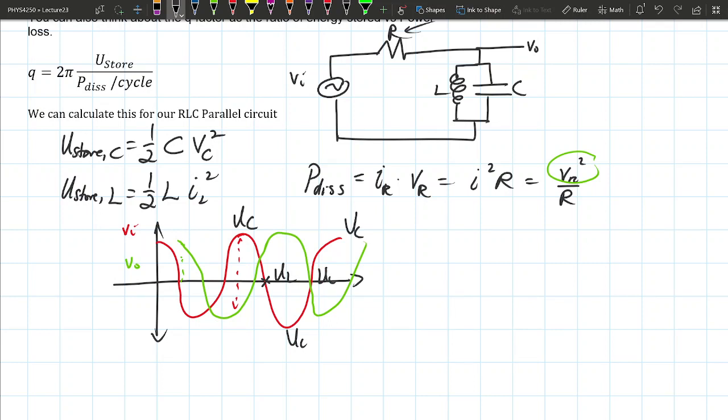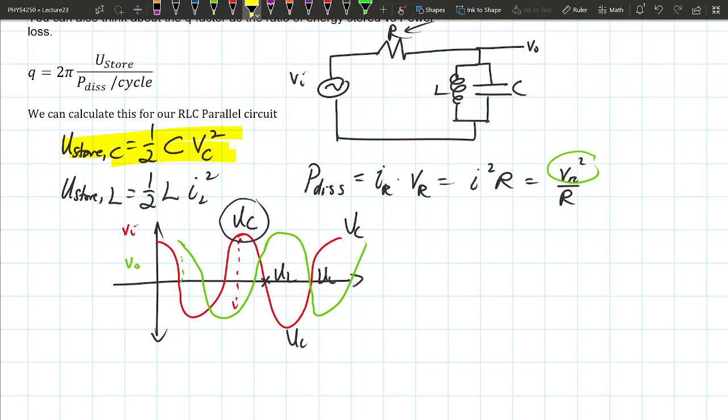So the energy is going from the capacitor and being transferred over to the inductor, and then being transferred back, oscillating back and forth. Hopefully this is kind of familiar from your general physics, where you have a resonating oscillator. So the energy we're interested in is when all the energy is in the capacitor. So that's why we want to pick this in this case.